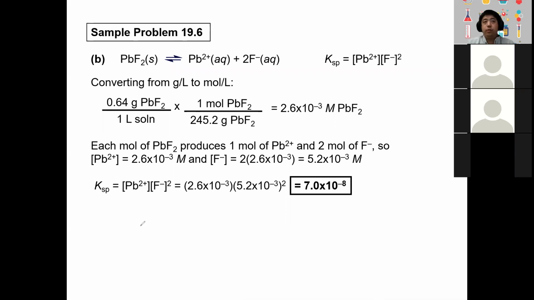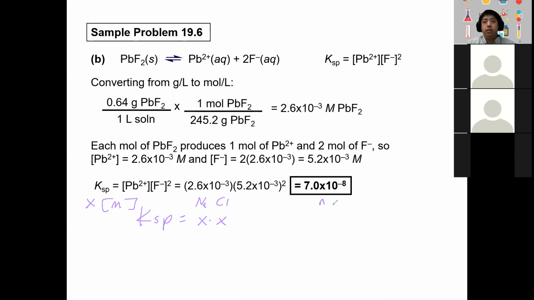Okay. So you'll start to notice a trend here. If I'm writing my KSP, if I'm just using the letter X, whatever my concentration is, this is just X molarity for the concentration. And if this happens to be a 1-to-1 ratio, such as like NaCl, this would just be your X times your X. So the square root of this KSP would give you your answer, okay?